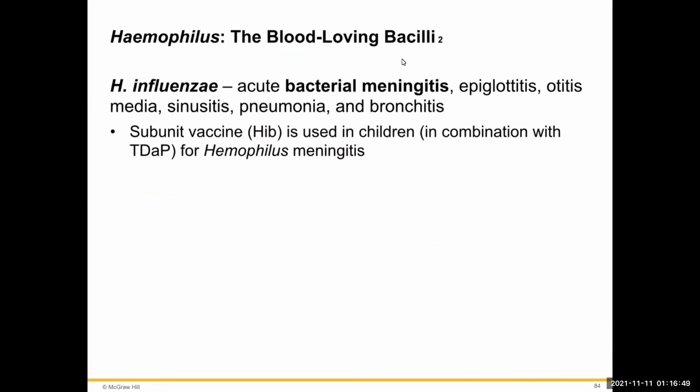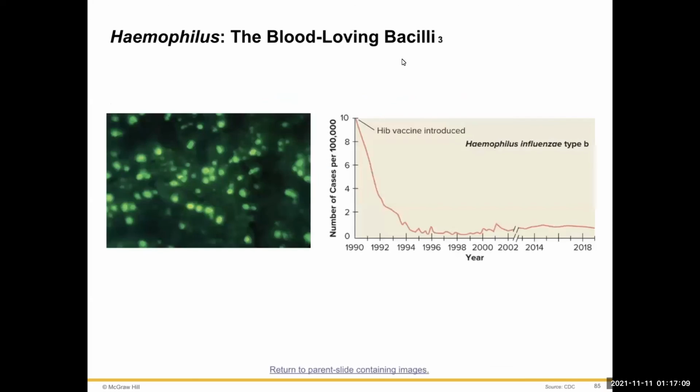H. influenzae can cause acute bacterial meningitis, epiglottitis, otitis media, sinusitis, pneumonia, and bronchitis. Subunit vaccines called Hib are used in children in combination with Tdap for Haemophilus meningitis. This is what Haemophilus looks like.